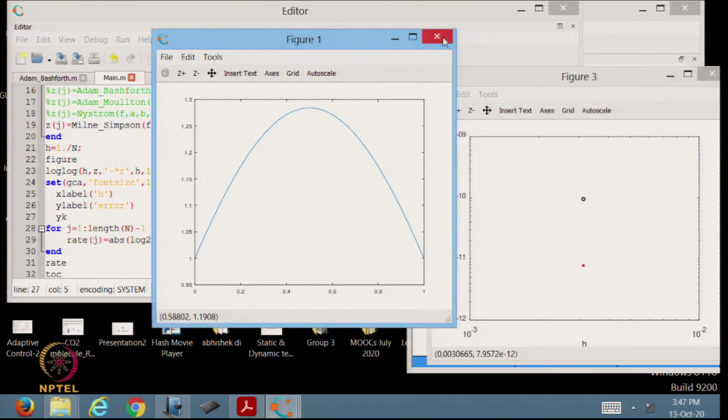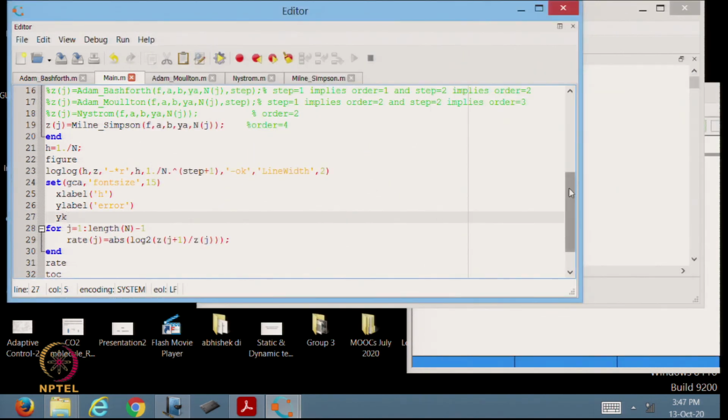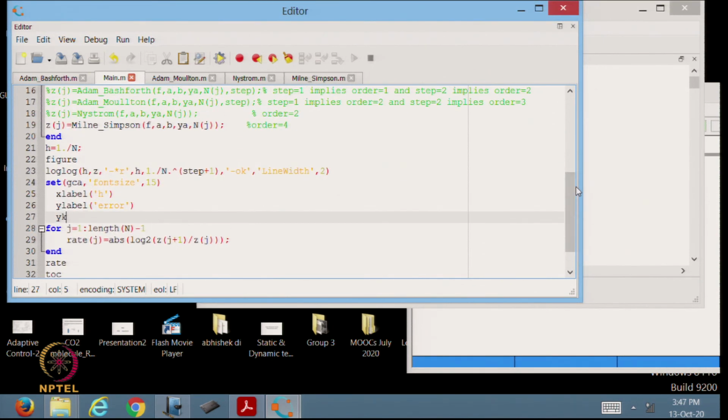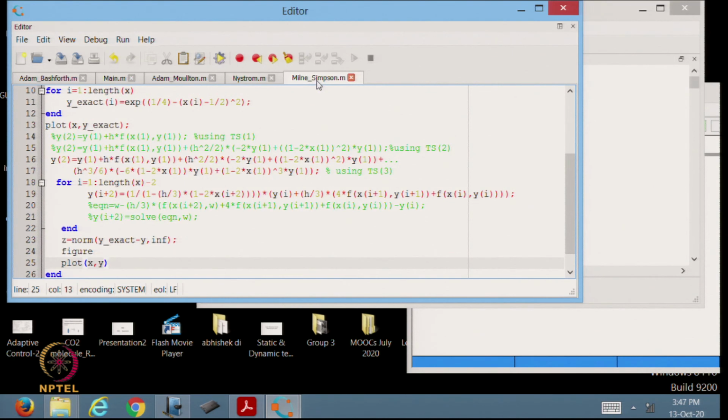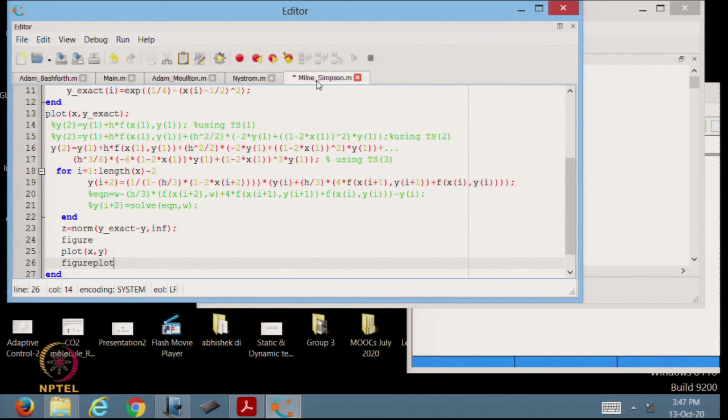That error also, if you want, you can plot. Okay. You do not compute the norm of the error, instead you plot the error. Okay. So, instead here itself in a separate figure we can plot the error.